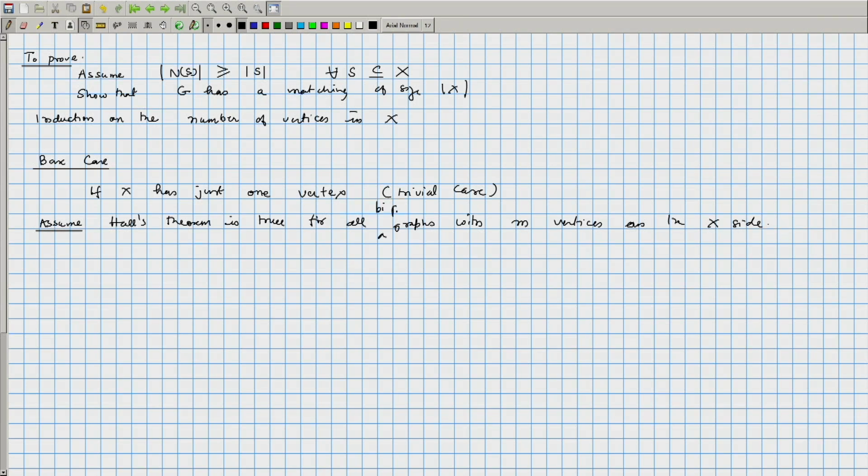There are two cases. For all non-empty subsets S of X, the size of the neighbors of S is greater than the size of S.